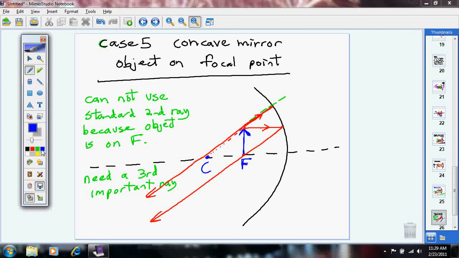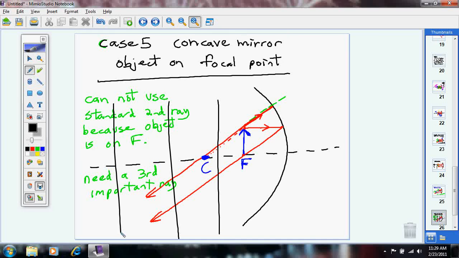I'm going to move my center of curvature over just a smidge there. And if it's drawn perfectly, these two reflected rays are parallel to each other. They're not going to come together and form a real image like all the other cases. So no matter if I put a screen here, or here, or back there, no matter where I put that screen, I would just see the same size white blob of light.